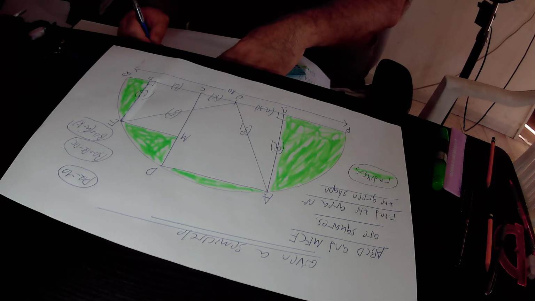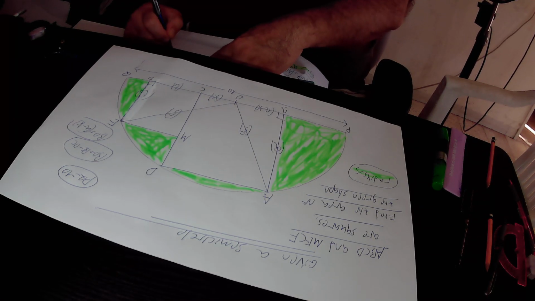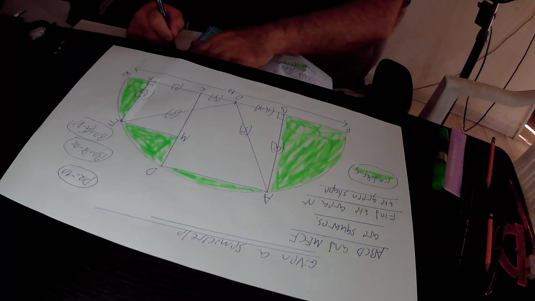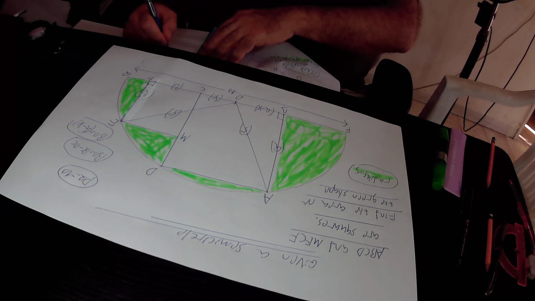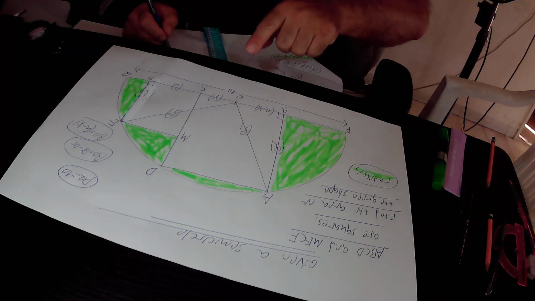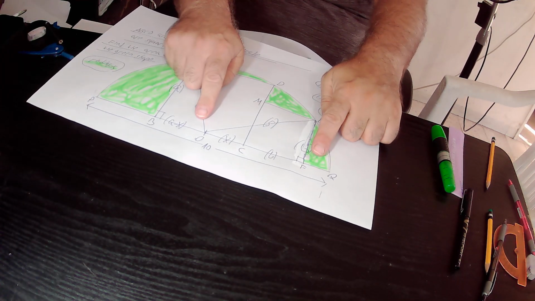It is actually the radius of the semicircle. Side EF equals B units in its length. And side OF in total equals X plus B.